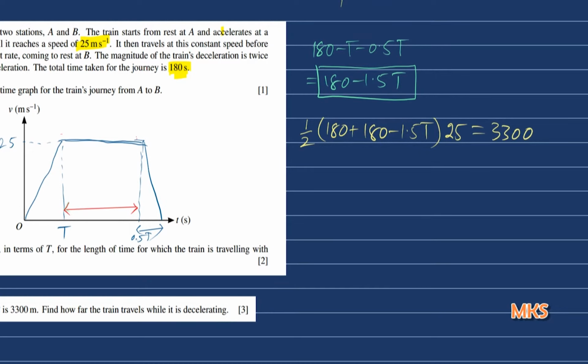So that gives us 360 minus 1.5 t is equal to 3300 multiplied by 2 divided by 25. 3300 multiplied by 2 and then divided by 25 gives us 264.